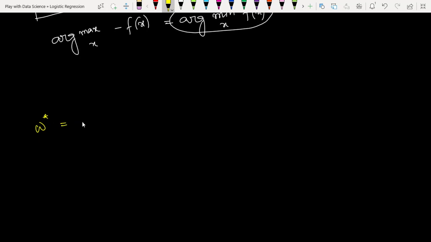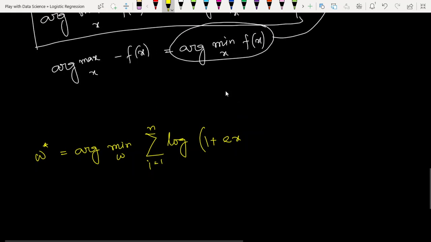w star is equal to, just apply this function here. In the previous one, just apply this rule.